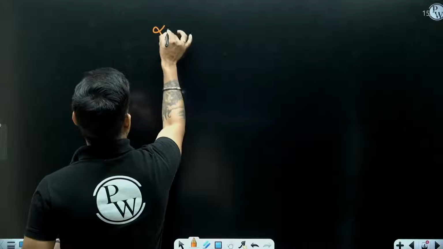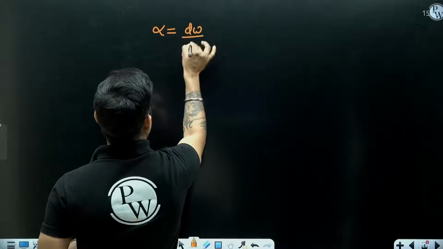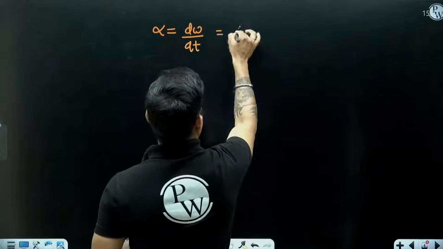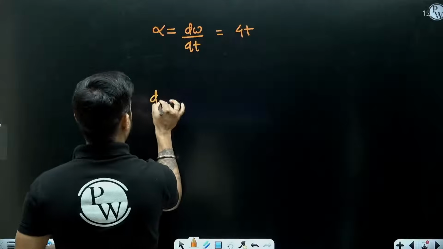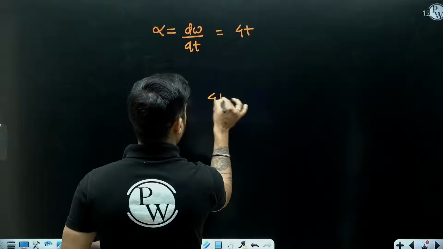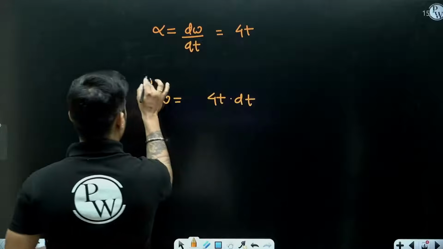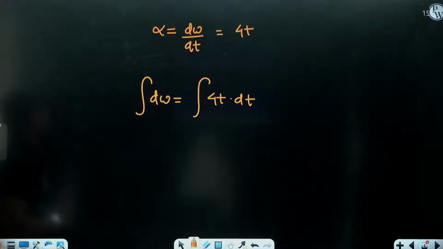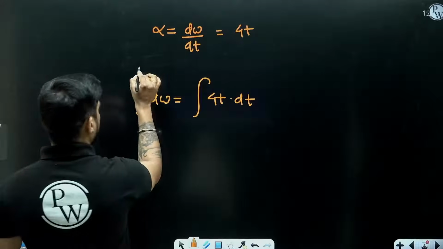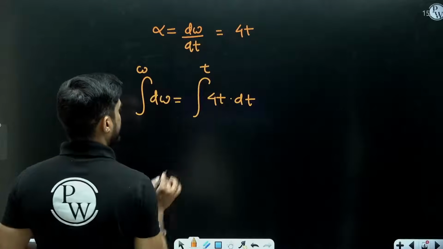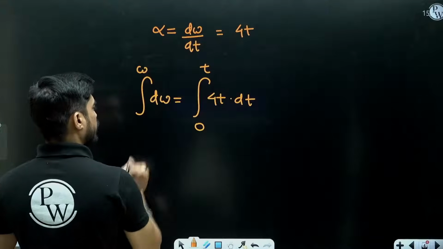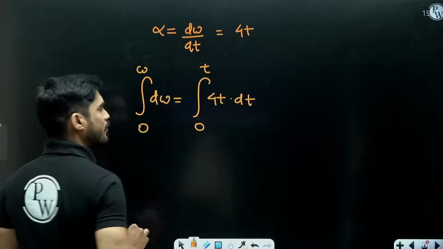So alpha is equal to d omega by dt, which is equal to how much? 4t. So I can write d omega equals to 4t dt. Now understand this. We need the equation of omega in terms of t. Initially, when t was 0, omega was 0, right?